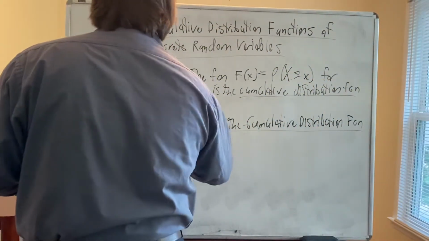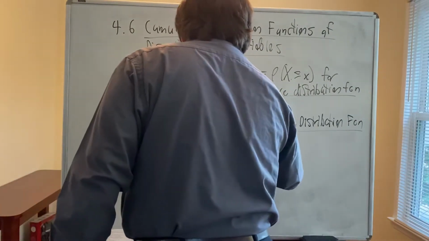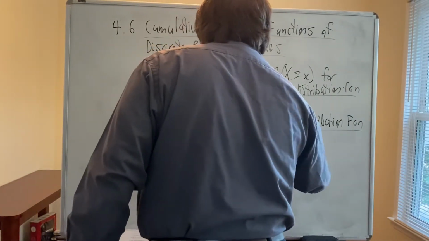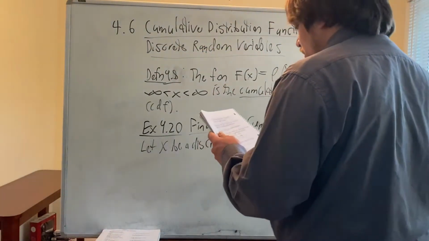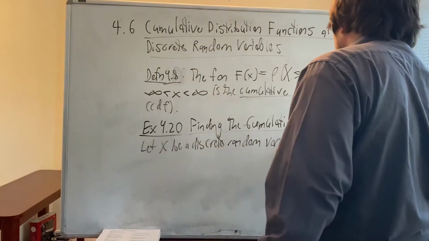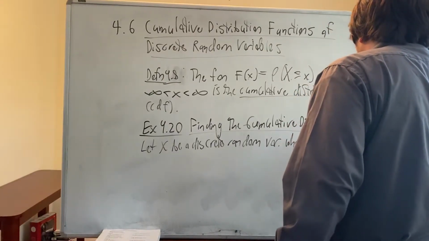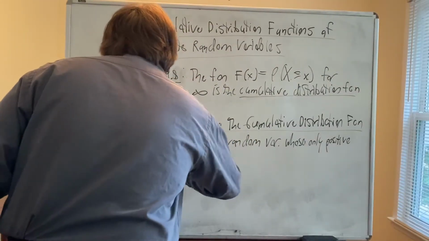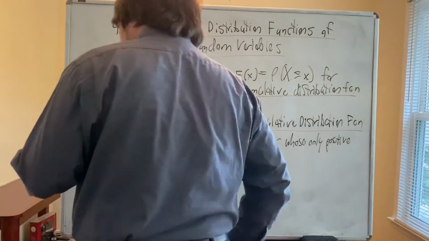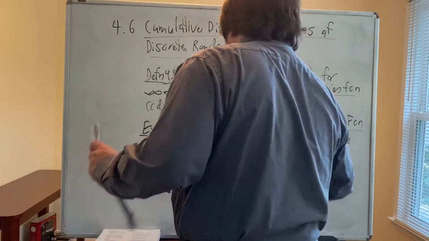Let capital X be a discrete random variable whose only positive values are -1, 2, and 5.